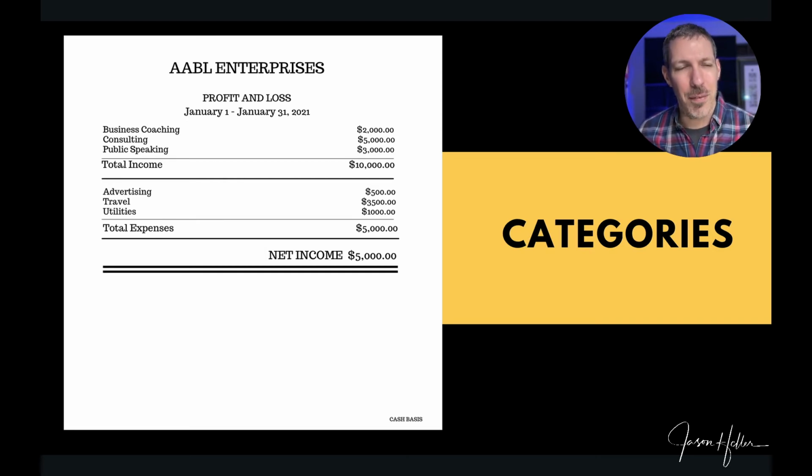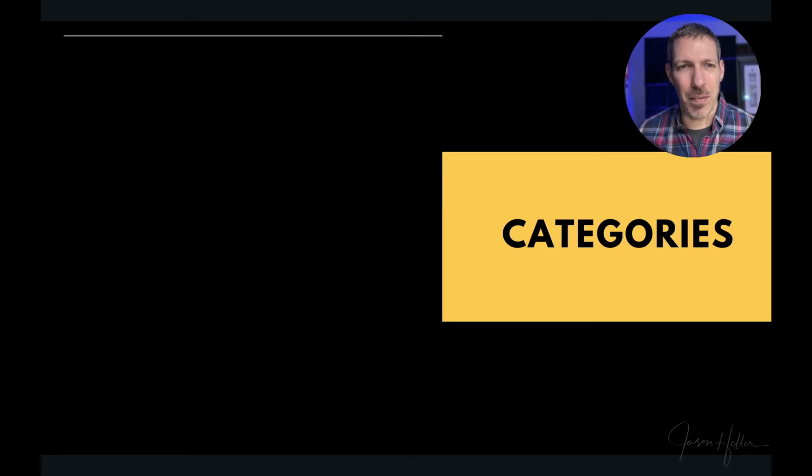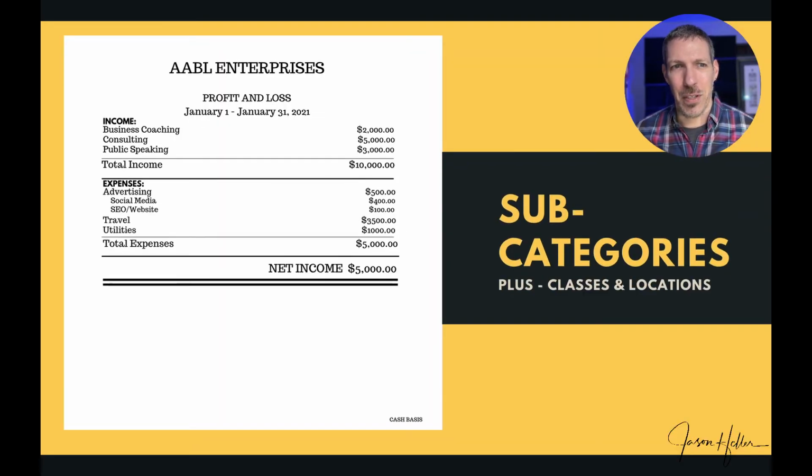So we still have the same $10,000 in income and $5,000 in expenses, leading to a net income of $5,000. But by adding some categories in, we just get a better picture of where that money came from and went.